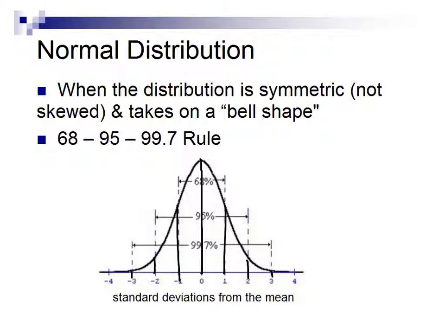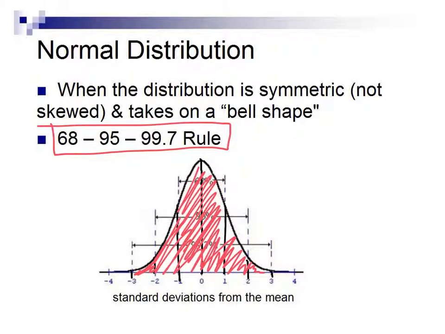It's kind of a dumb name, but it's called the 68, 95, 99.7 rule, and it says that 68% of your test scores or batteries or light bulbs should all fall within 1 standard deviation of the mean. 95% of your test scores, light bulbs, batteries should fall within 2 standard deviations, and 99.7, almost all of them, should fall within 3 standard deviations of the mean. These are important numbers. You need to know that rule.